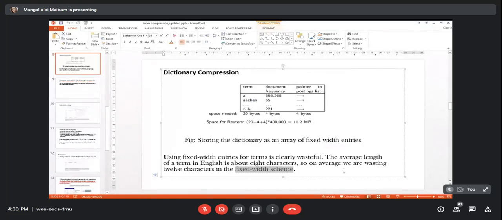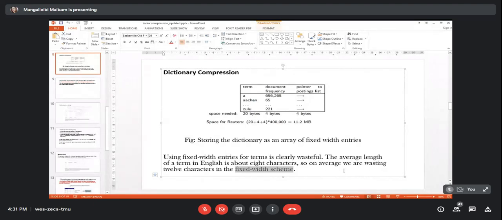So what is the total size when we refer to the text information from Reuters? We have about 4 lakh terms in the Reuters text information. When you calculate, we got around 11.2 MB.